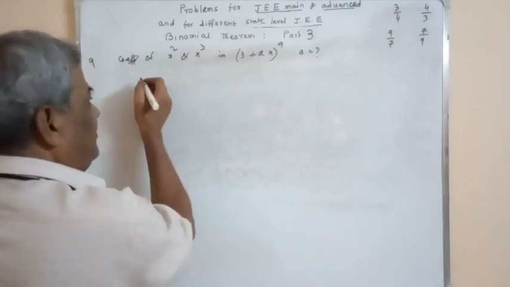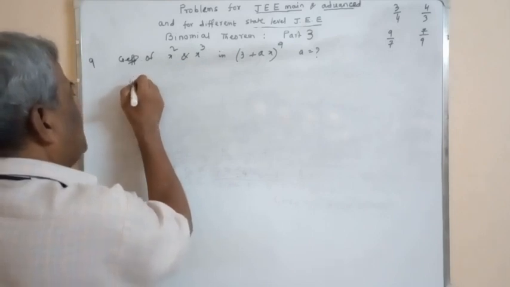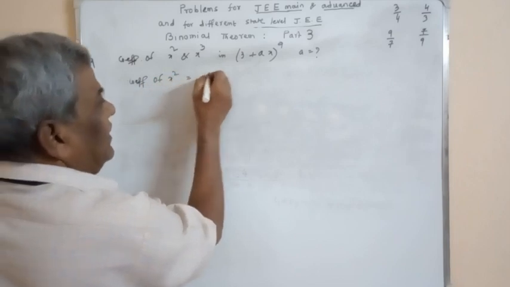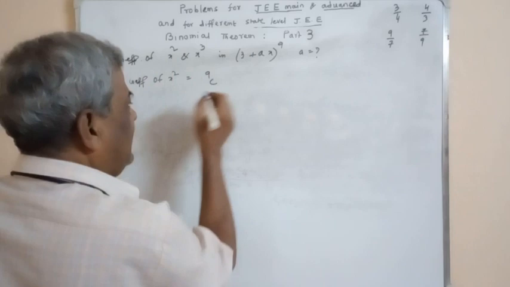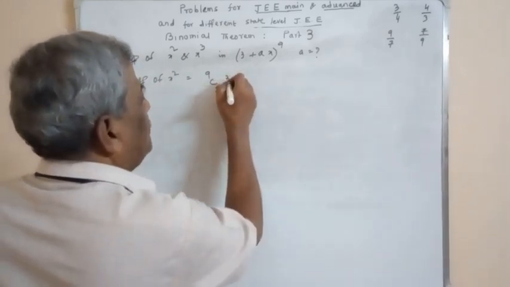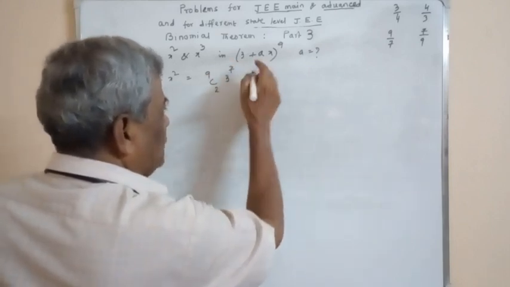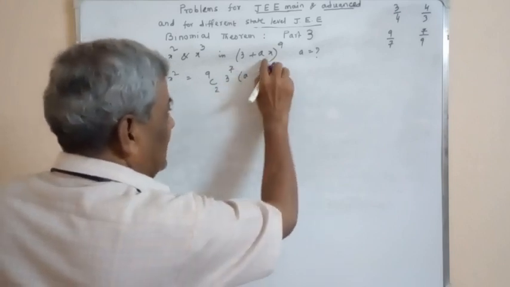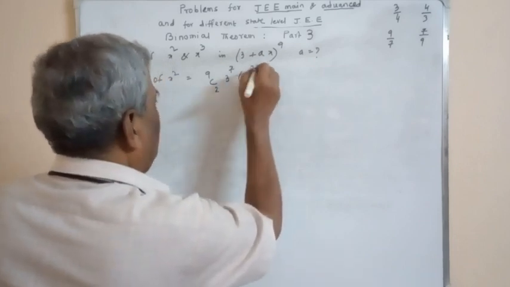So the coefficient of x square is actually 9c2, third term, so 9c2 into 3 to the power 7 into ax to the power 2, but we want only the coefficient, so a to the power 2.